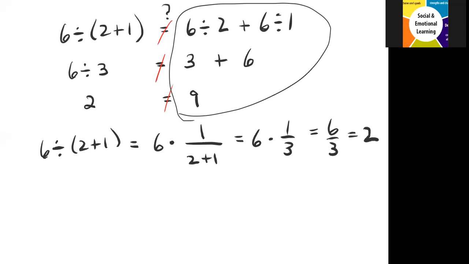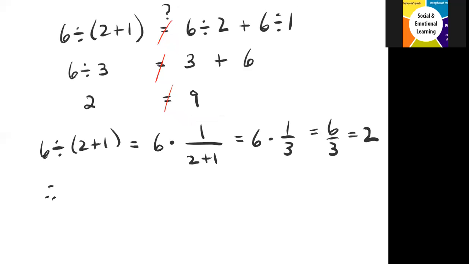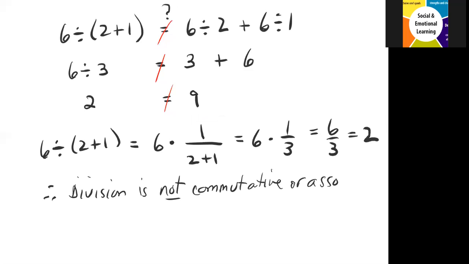Division is not actually commutative or associative. So that's an important point. Division is not commutative or associative.